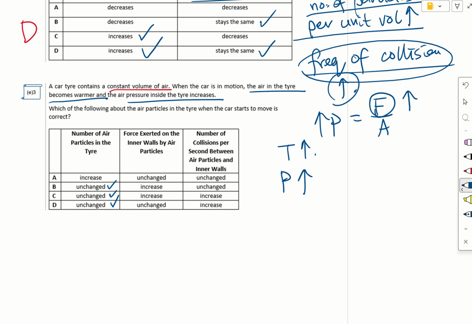Now the force exerted on the inner walls by the air particles will actually increase. Okay, because pressure equals force over area, so the force actually increases, right? Because pressure increases. The number of collisions per second between the air particles and inner walls: what did they say? They have a constant volume. So because the volume is constant, the number of collisions will actually increase.